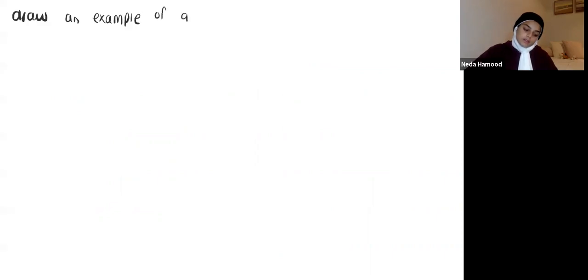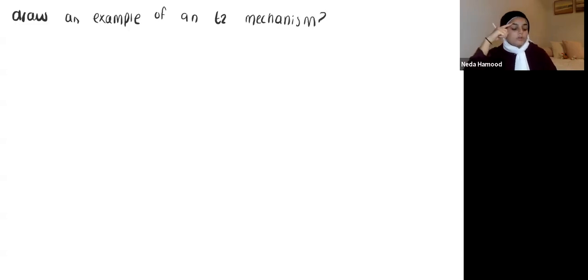Let's draw an example of an E2 mechanism. Obviously, this isn't the actual question. The actual question was a 4 multiple choice one, but I don't have it with me. I only have one of the molecules, so this is going to have to be the way we're changing the question.